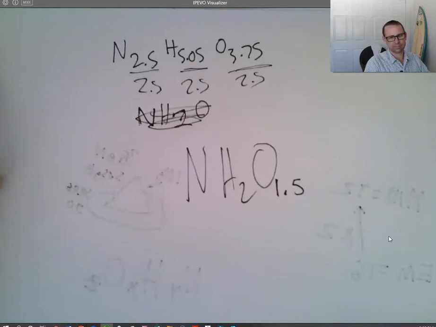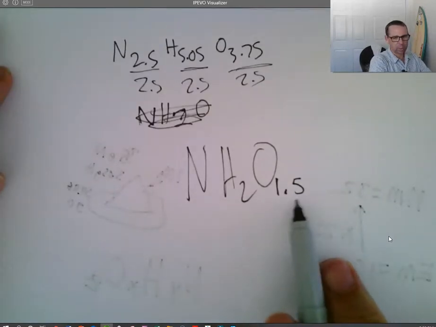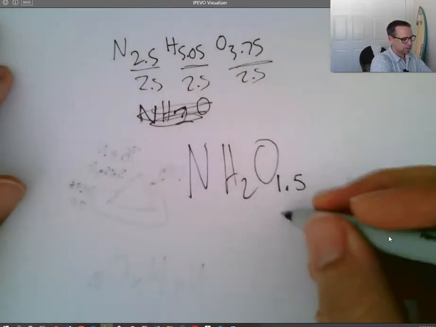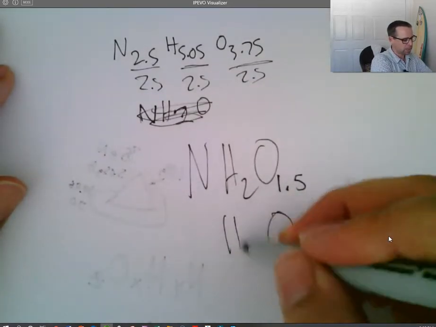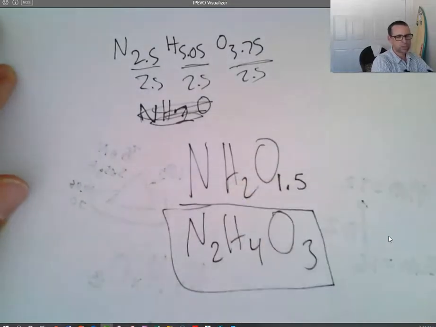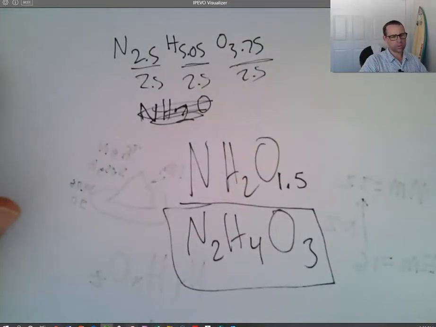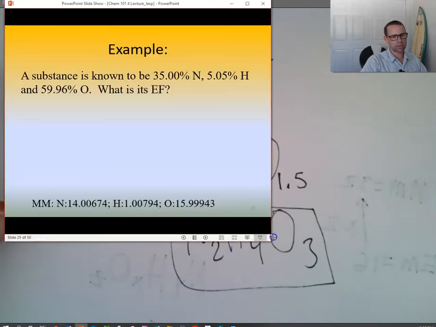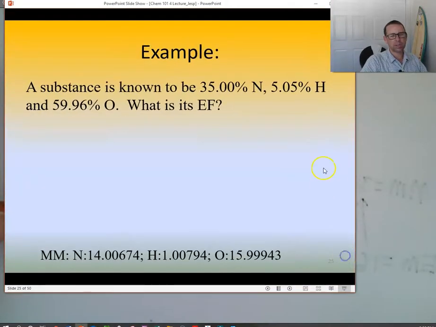If we double it, the oxygen is 3, the hydrogen is 4, and the nitrogen is 2. N2H4O3, that is our answer.